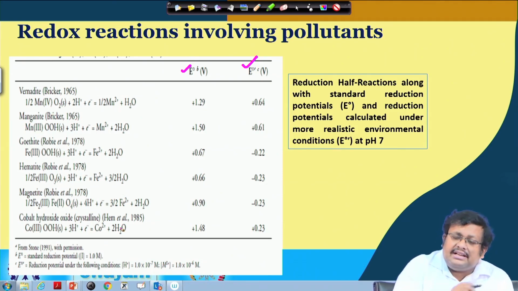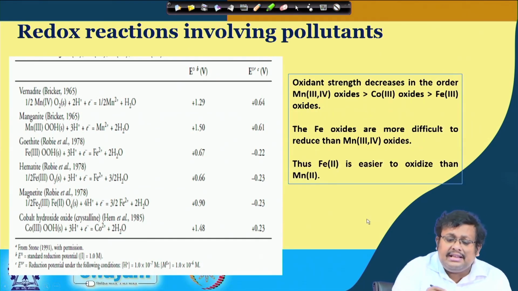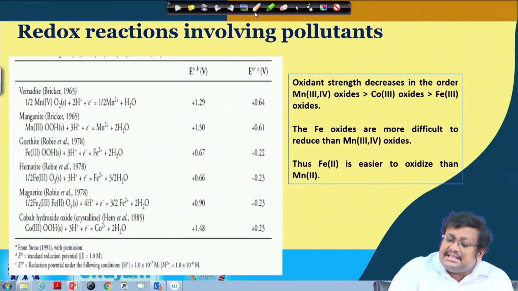Now let us extract some other information from this table. One thing is clear, that oxidant strength decreases in the order of Mn3 or Mn4 oxides, which is greater than cobalt 3 oxides, which is further greater than Fe3 oxides.